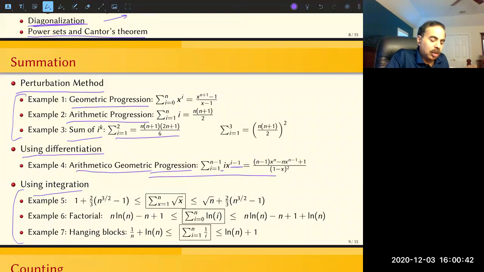But the more powerful technique is the integration technique, which does not give you an exact answer, but it gives you a bound. So it gives you a lower bound and upper bound.